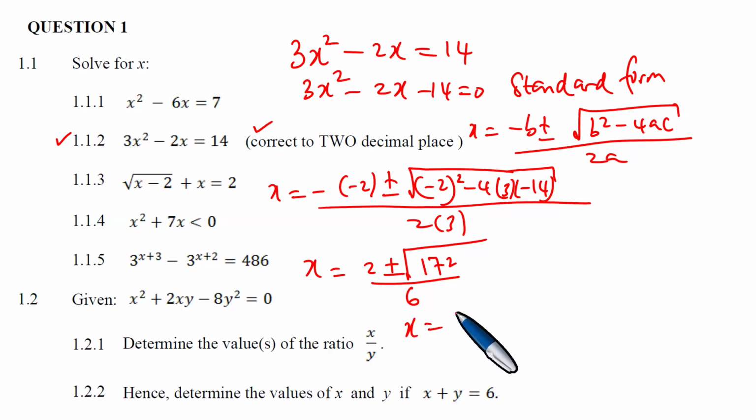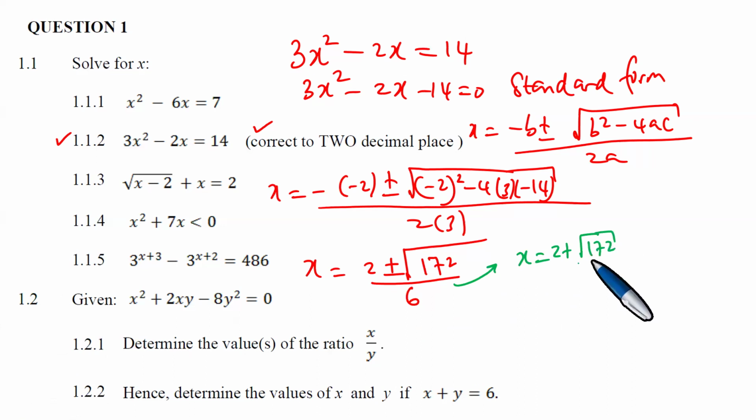The results, therefore, are, so you're able to get the following. Right, you're able to see, therefore, that this means that x is 2 plus the square root of 172 out of 6. Or x equals 2 minus the square root of 172 out of 6.